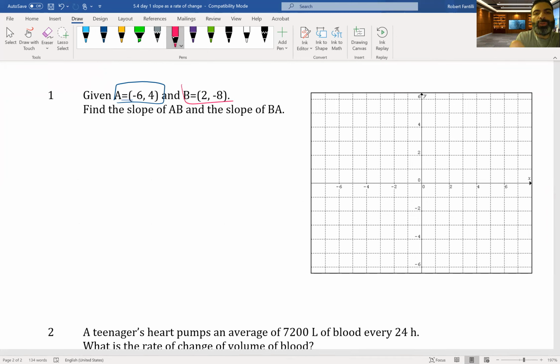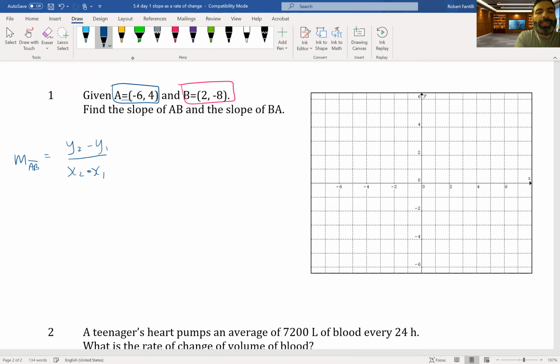Now we have to choose which set of coordinates is going to be our first set and which set of coordinates is going to be our second set of coordinates. So here's how we'll run. The slope of line AB, and here's the proper math notation. So the lowercase m to represent slope, and then a capital AB next to each other with a line on top means line AB. So the slope of line AB is equal to y2 minus y1 over x2 minus x1.